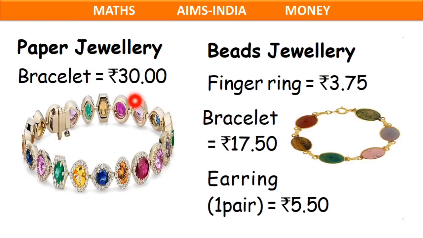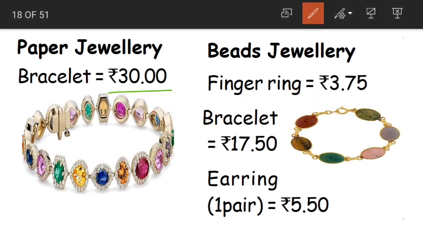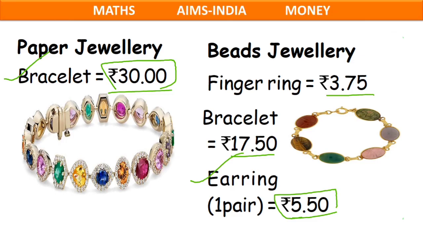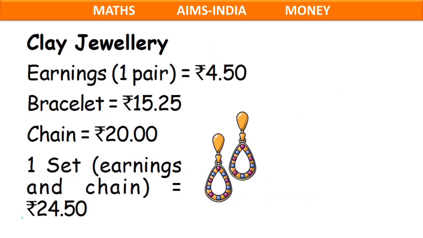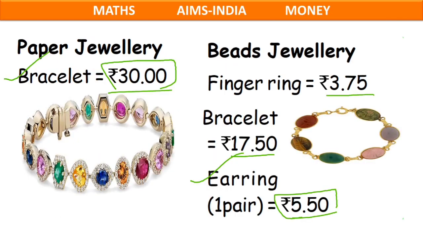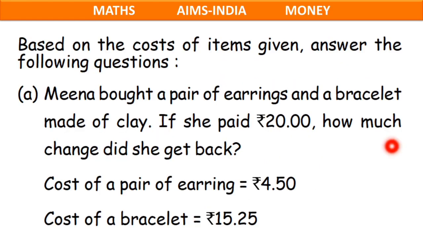And also we have some paper jewelry, beads jewelry. So this is the cost of the jewelry. That means if you have to buy a bracelet, you have to pay 30 rupees. If you have to buy earrings, then you have to pay 5 rupees 50 paisa. Yes children, these are all the costs or amounts of the items that have been displayed.